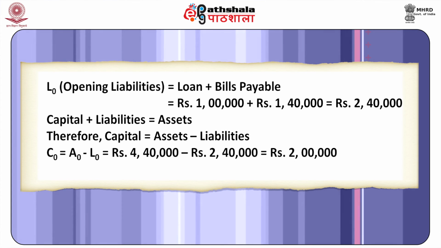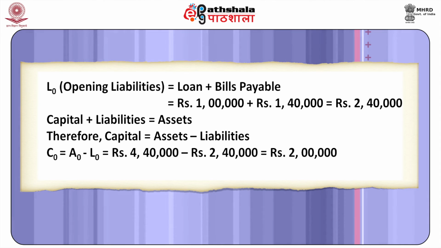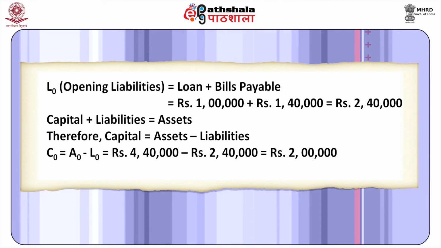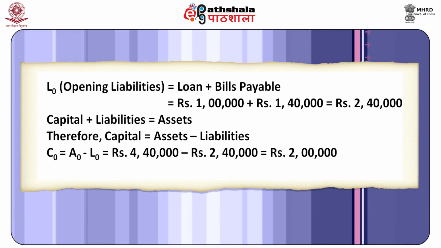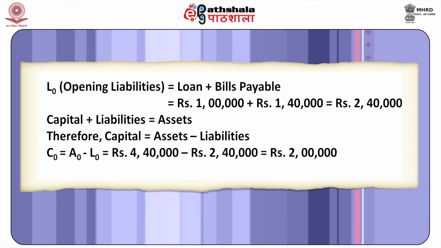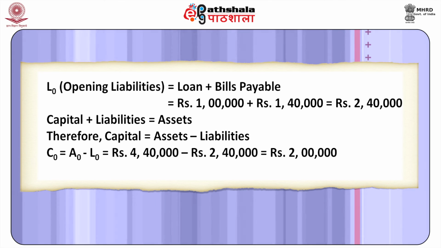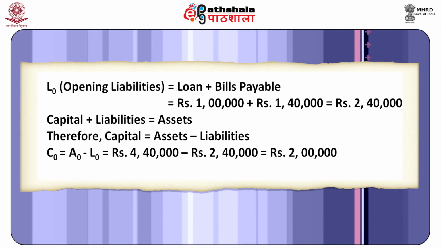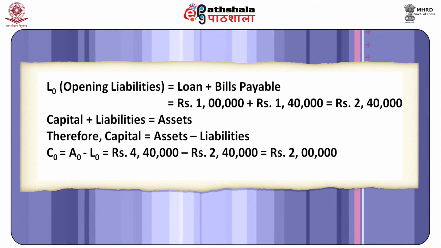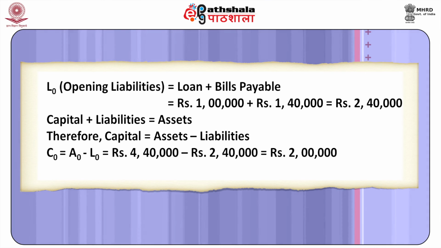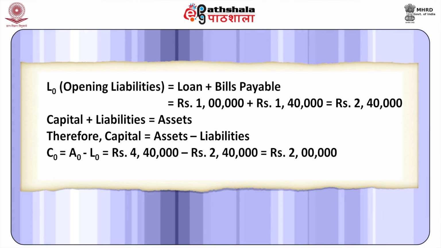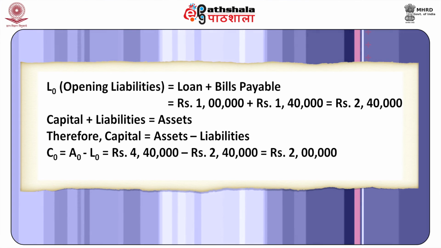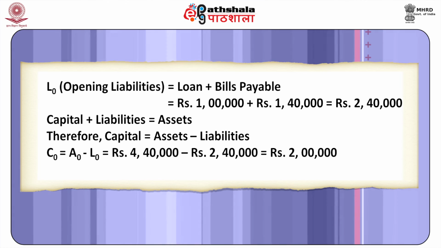Now let's come to L0, opening liabilities, which is equal to loan plus bills payable, that is rupees 1 lakh plus 1,40,000 is equal to 2,40,000. We know that as per the accounting equation, capital plus liabilities are always equal to assets. Therefore, capital is equal to assets minus liabilities. Therefore, C0 is equal to A0 minus L0, that is rupees 4,40,000 minus 2,40,000, which will give you rupees 2 lakh.